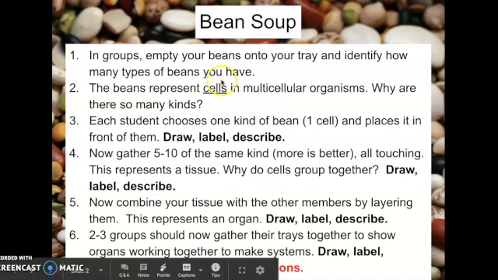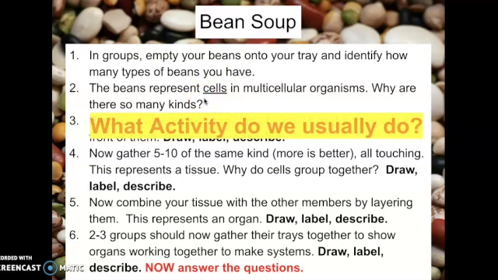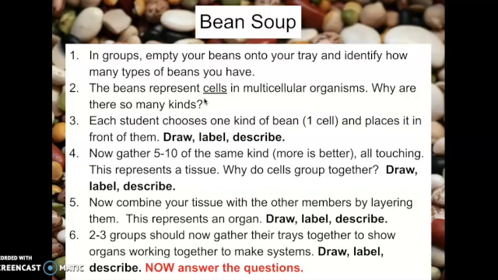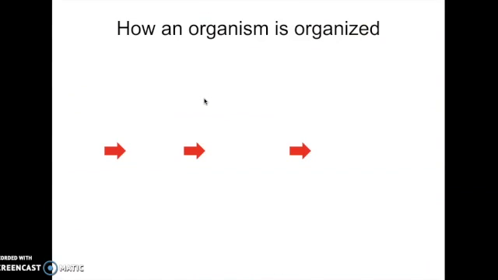So these would be the typical instructions. It even says, what activity do we usually do? And then I'm going to go on. What would usually happen is that I would give each person a bunch of different types of beans, and I'd put you into groups of probably about 2 or 3 students, and each of you would be instructed to pick one type of bean and put it on the table in front of you.